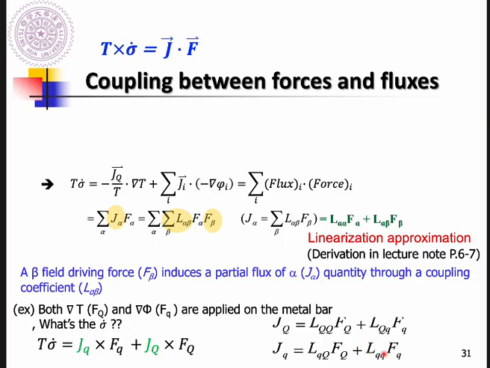The same idea applies to the current density, directly driven by the electrical potential gradient, with coefficient L small q small q times F small q. And because we have F capital Q contributing to the current density, we have L small q capital Q. Based on this idea, you know the coefficient's subscripts, on the right-hand side, indicate which driving force contributes to which flux.